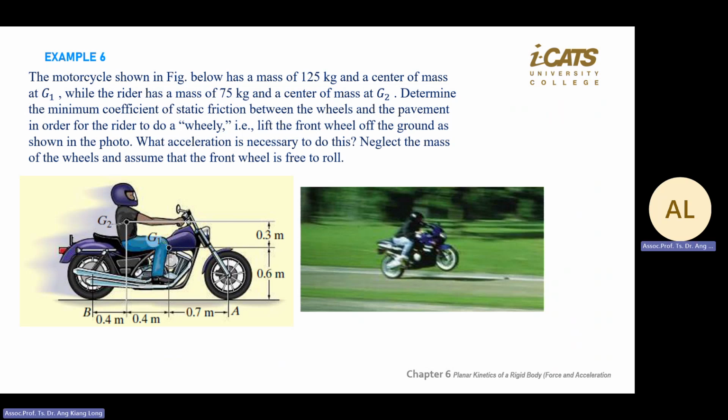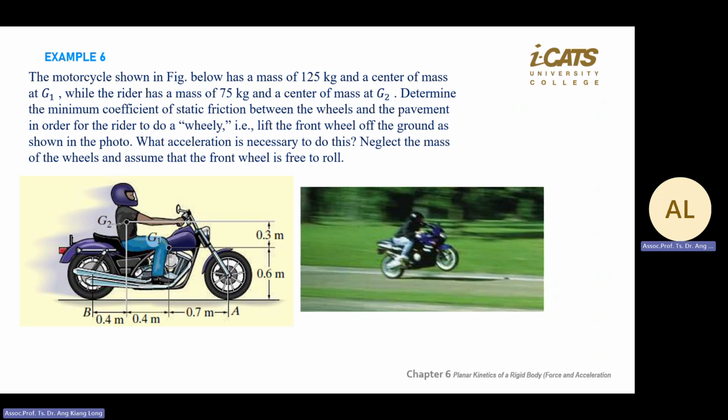So G1, W points down; G2, W points down. And then contact force. As long as something is touching the ground, there is a normal force at wheel A and wheel B. So N is pointing up, not pointing down.